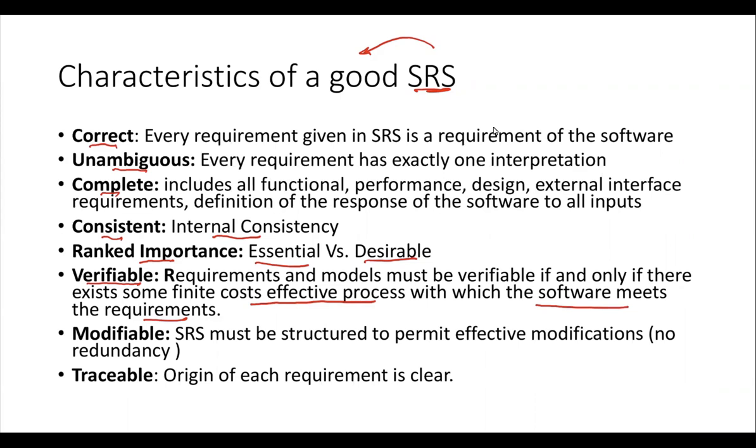The SRS must be modifiable, meaning it must be structured to permit effective modifications. You should allow the SRS to be easily modifiable, but you should avoid any redundancy. The SRS must be traceable. That means the origin of each requirement should be given and should be clear.